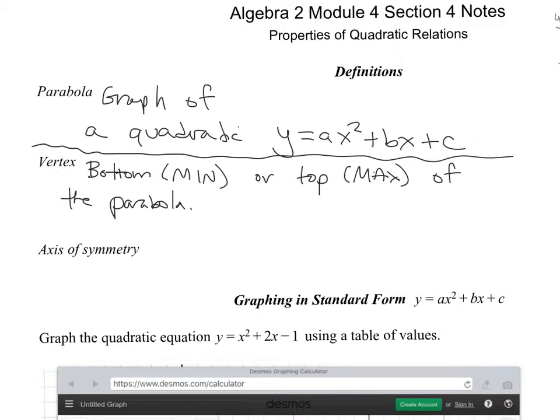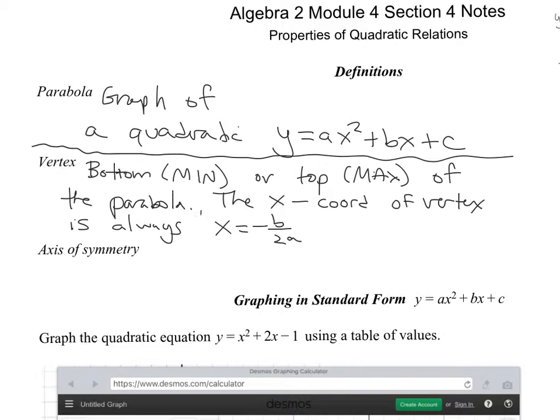We say the x-coordinate of the vertex is always found with x equals negative b over 2a. So for finding this vertex, the x-coordinate is always negative b over 2a. The y-coordinate you can simply plug into the equation.